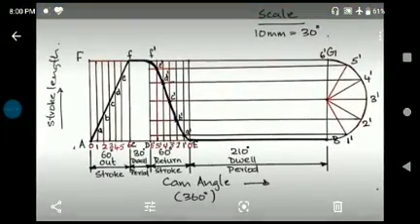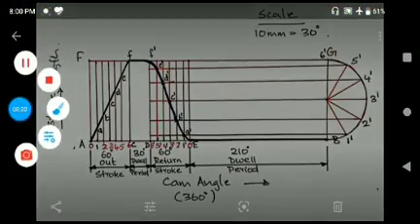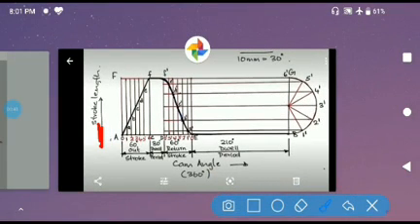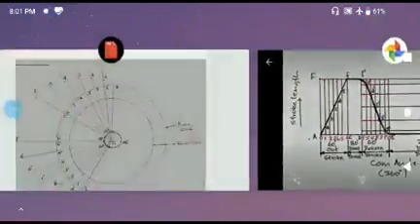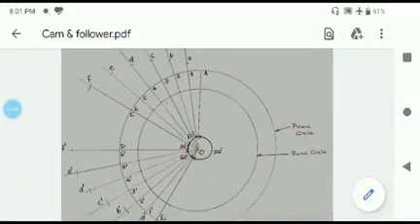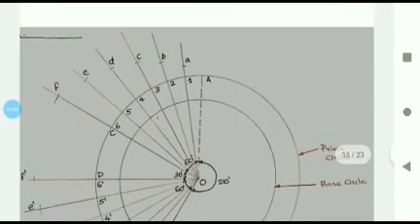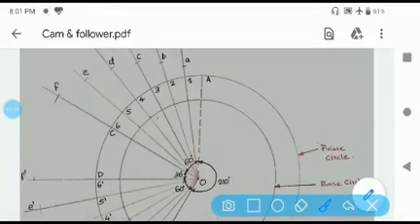In that displacement diagram, you measure the length 1a in the compass, and now with 1 as center, you mark an arc on this line.